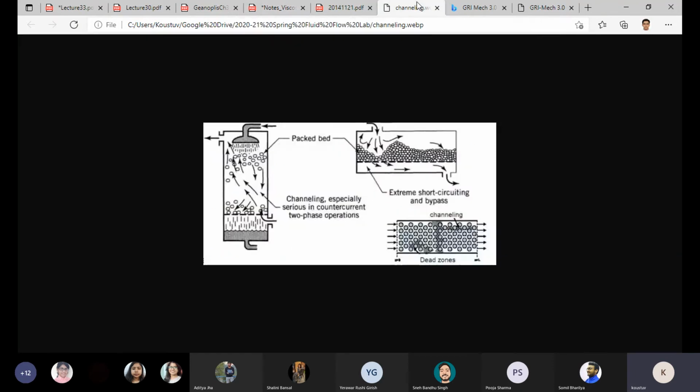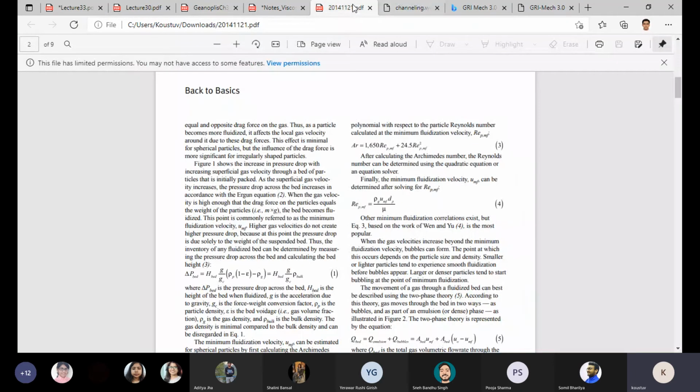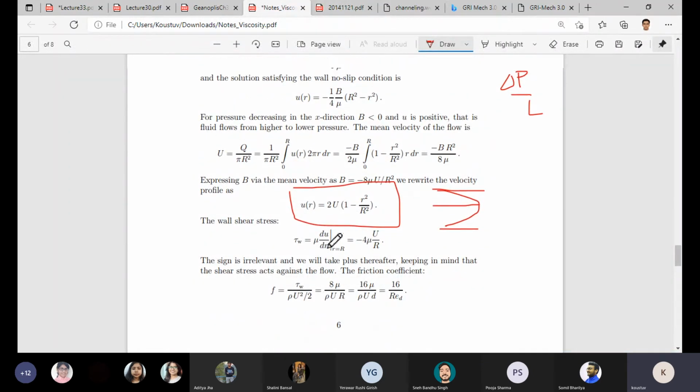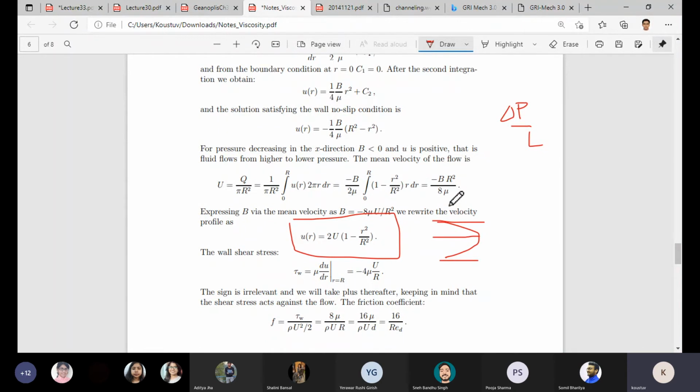That part you have understood in your fluid mechanics course, so I will not discuss it here. Essentially tau w and delta p are equated, and since we are measuring delta p through the manometer and getting the record, tau w is calculated.